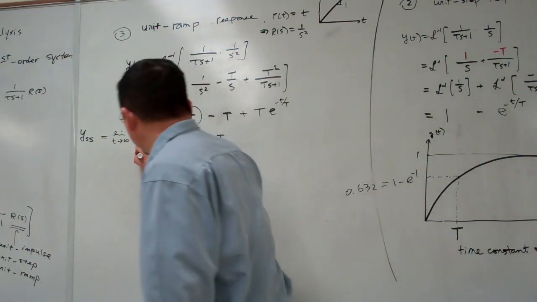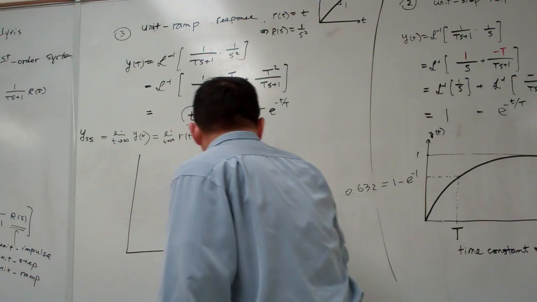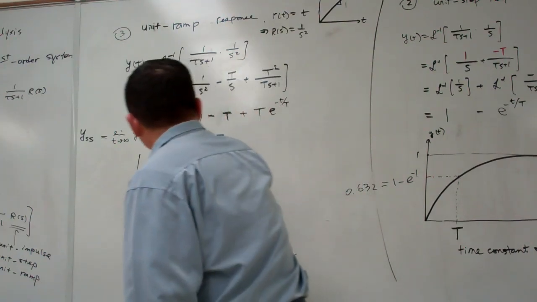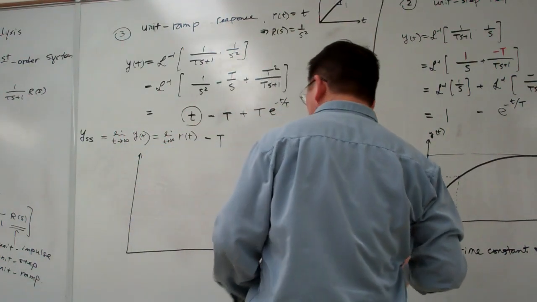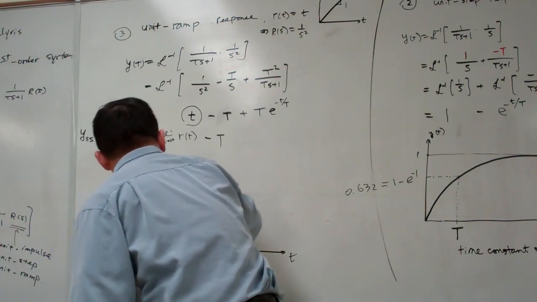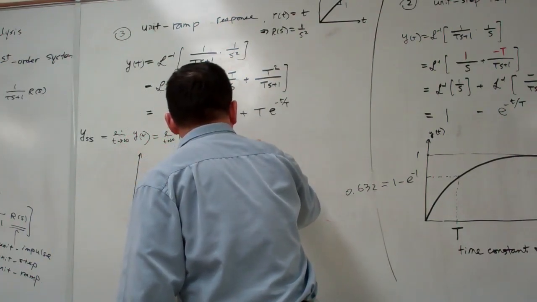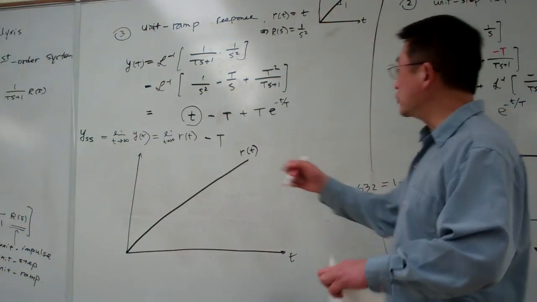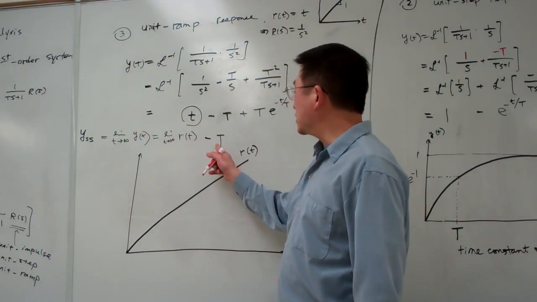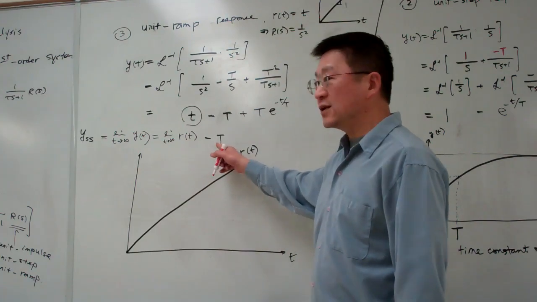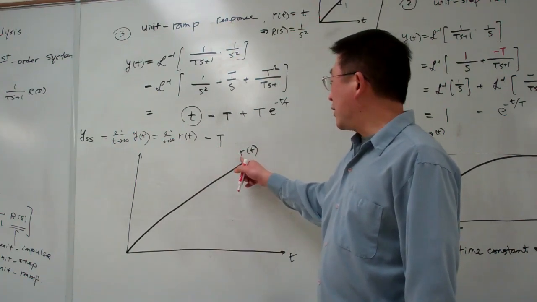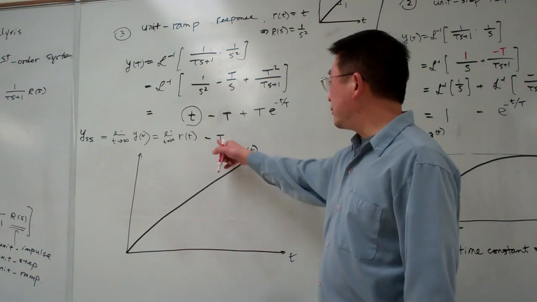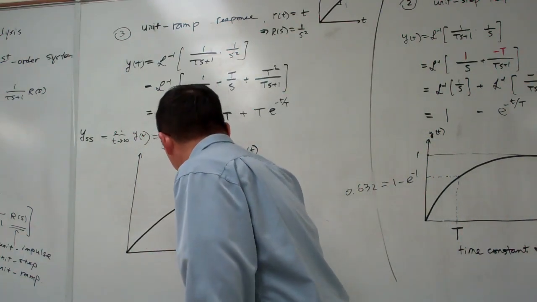So when we draw it, let me use this one as my input. This is my r(t). And the output I'm going to draw is this one. Basically, the output is behind; the value is less than r(t) by that much. So this is my output here.